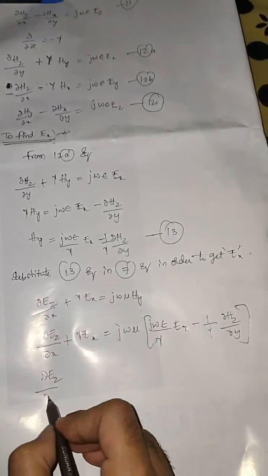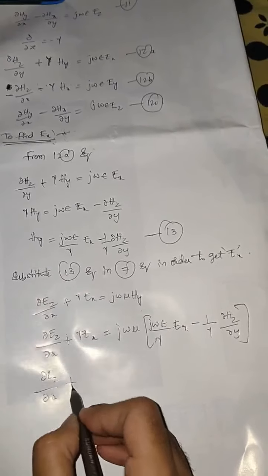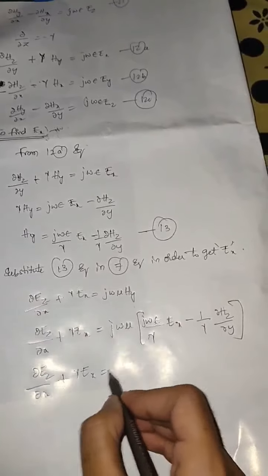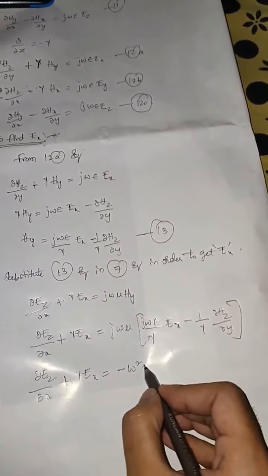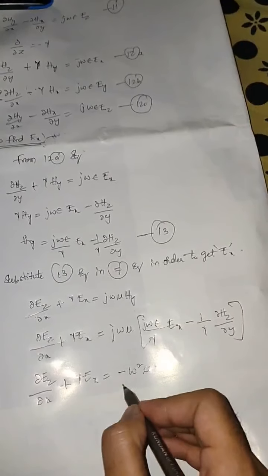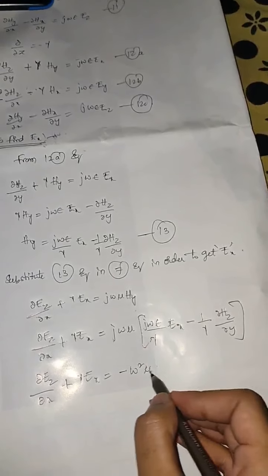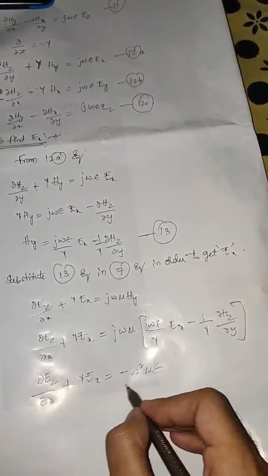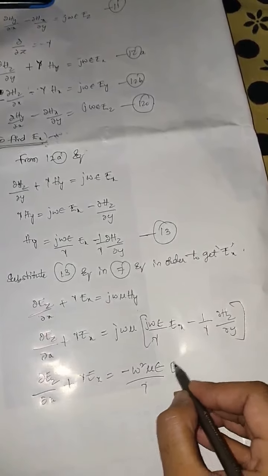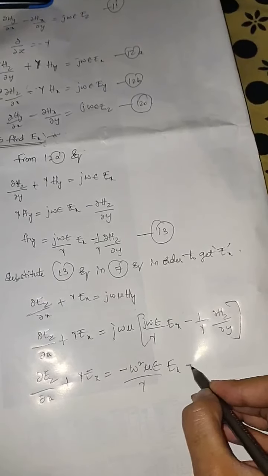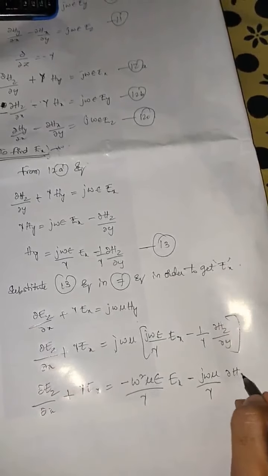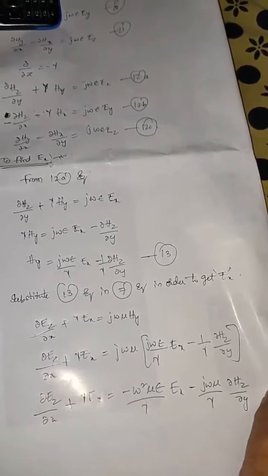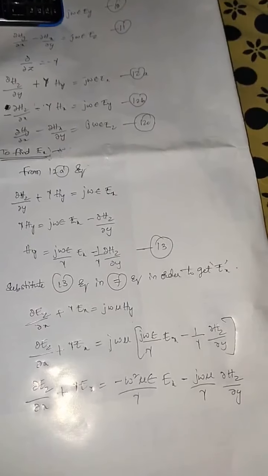So dou ez by dou x plus gamma ex is equal to, j square is nothing but minus 1, so I am writing minus omega square mu epsilon by propagation constant gamma ex minus j omega mu by epsilon dou hz by dou y. Okay, so this is another equation.